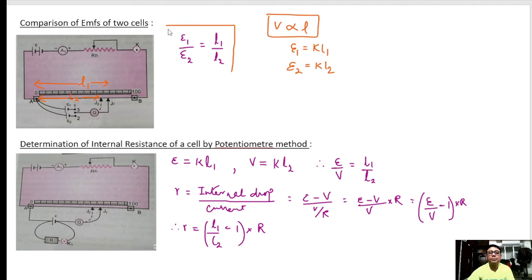This is how we compare the EMF of two unknown cells. Clear?